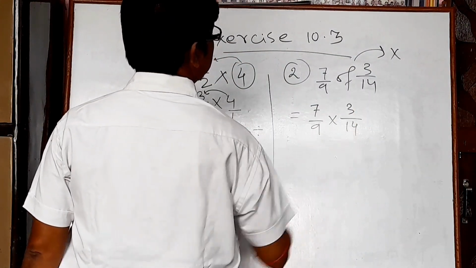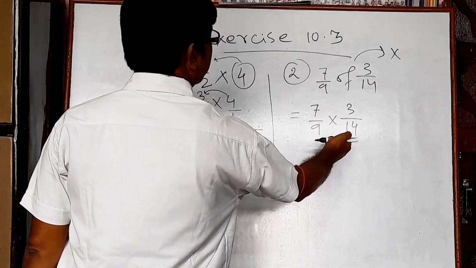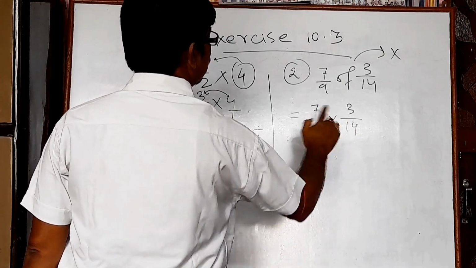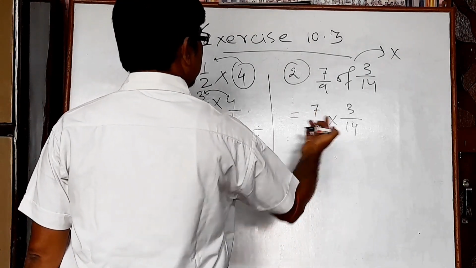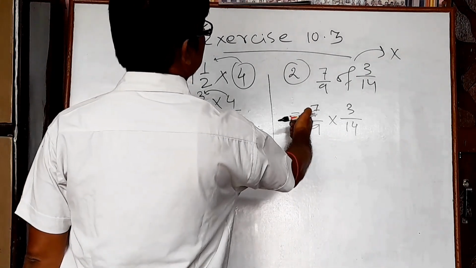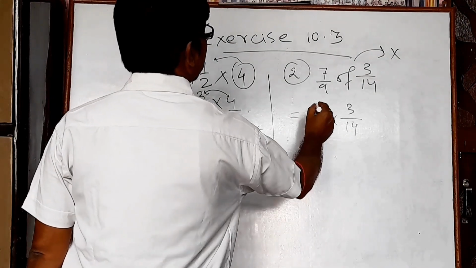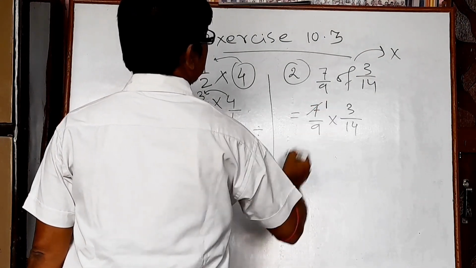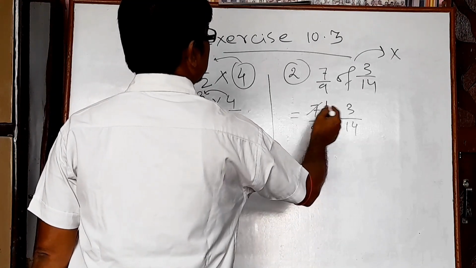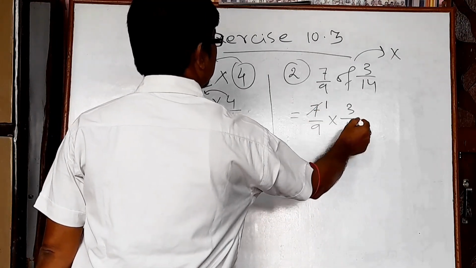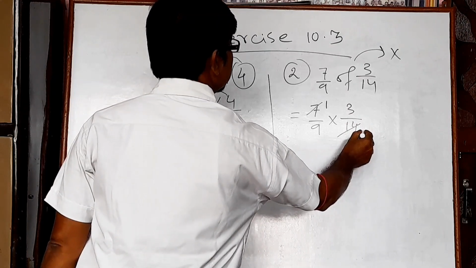How to cancel 7 and 14? Both the numbers will be divisible by 7. This is in the table of 7, this is also in the table of 7. If you divide 7 by 7, what will be the result? 1. So 7 divided by 7 is 1 and 14 divided by 7 is 2.